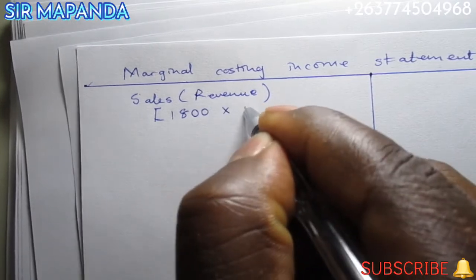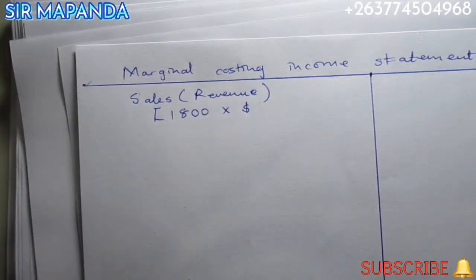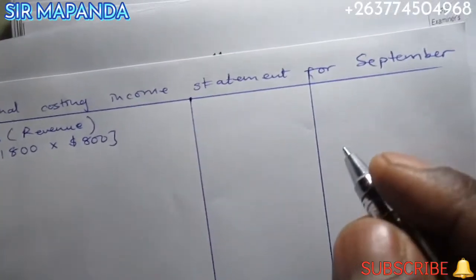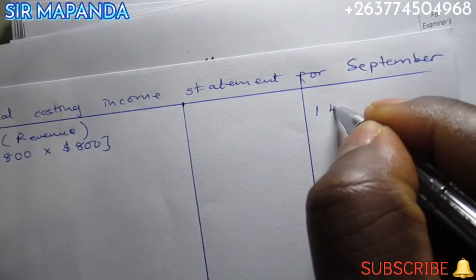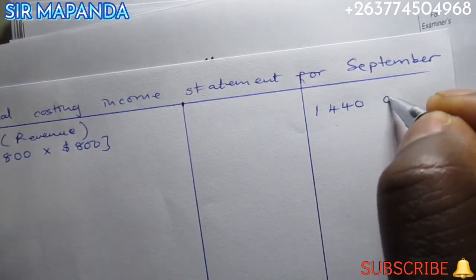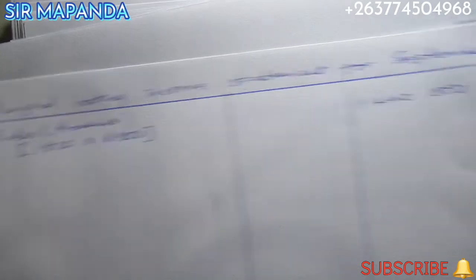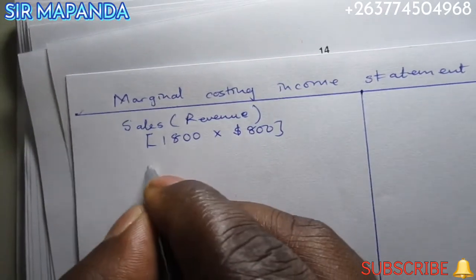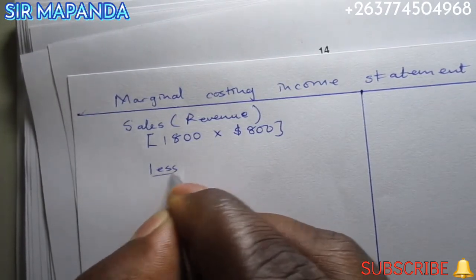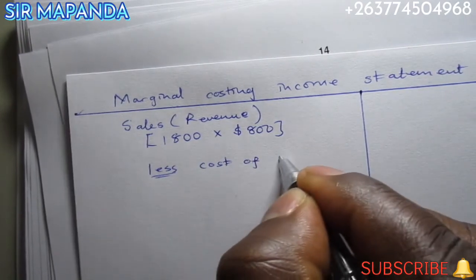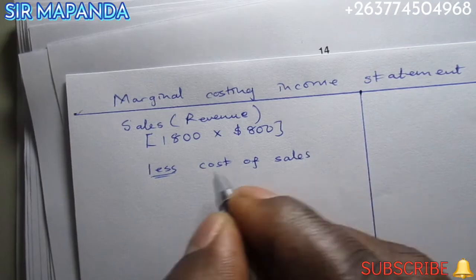So 1,800 units times the selling price of 800. We still get 1,440,000, like what we did under absorption costing, right? Then after that, you write the heading less cost of sales. You write less cost of sales. So you have to take it easy, right?